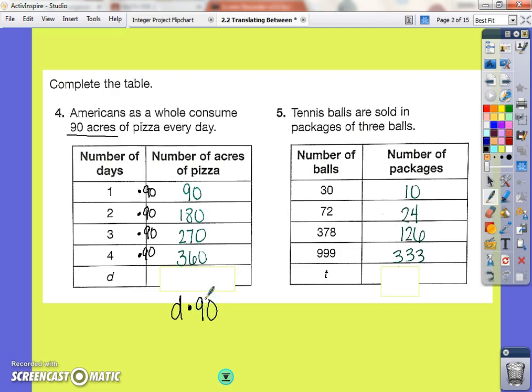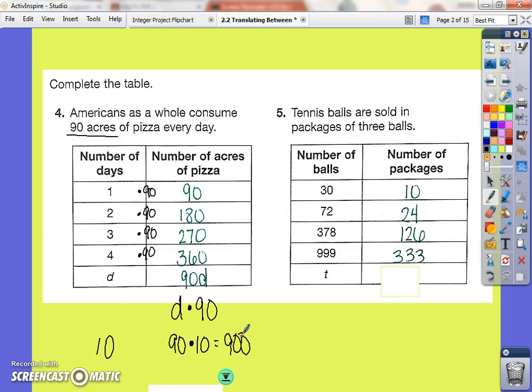Or better off, I like to use my multiplication, 90D. This says that no matter what I plug in for D, so let's pretend that I want to find out how many acres of pizza Americans eat in 10 days, I would take my 10, plug it in for D, and I would realize that Americans eat 900 acres of pizza in 10 days. It's a lot of pizza.